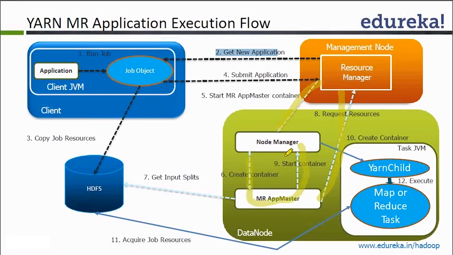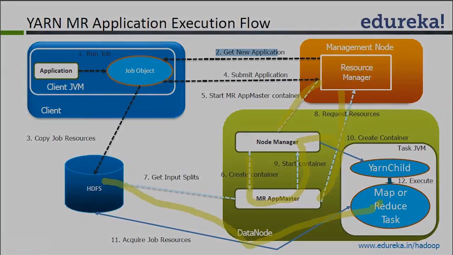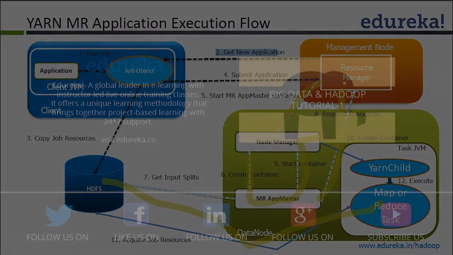For that, it creates a YARN child process, and that's where it runs the MapReduce task. To run this task, if it needs data at any point, it will get it from the Hadoop file system and give it to the YARN process. So that's the execution we are talking about here with the YARN architecture.